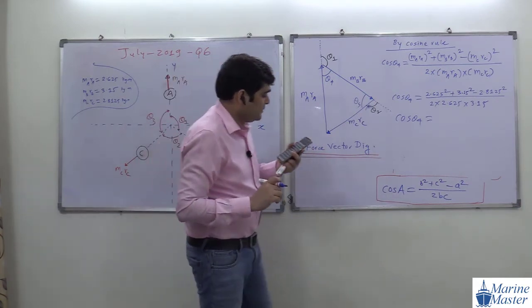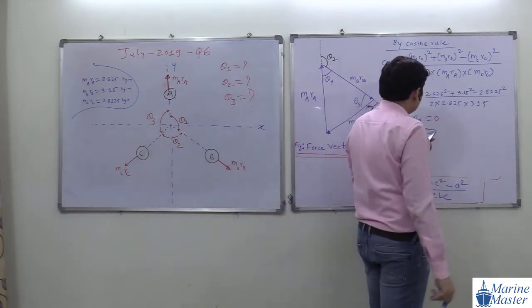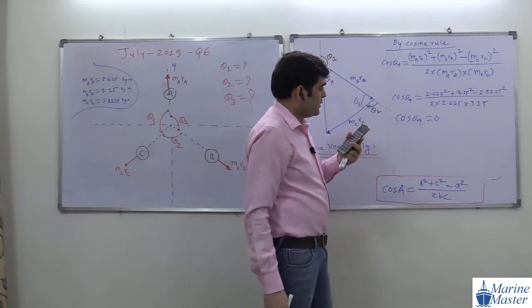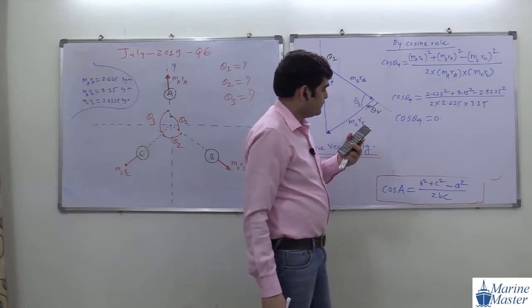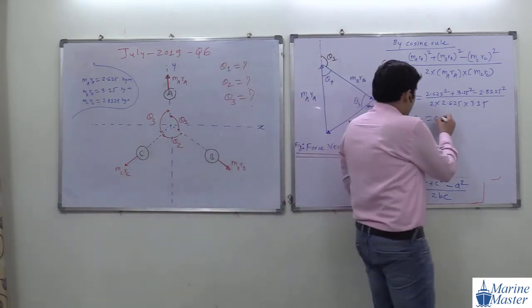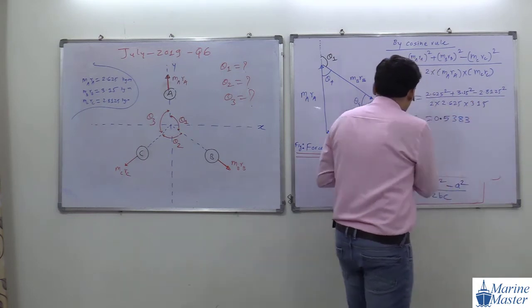How much are we getting? 0.5383, second opinion. 0.5383.